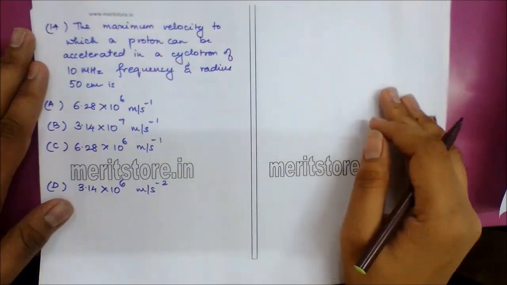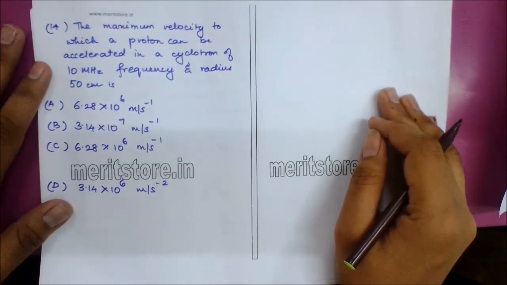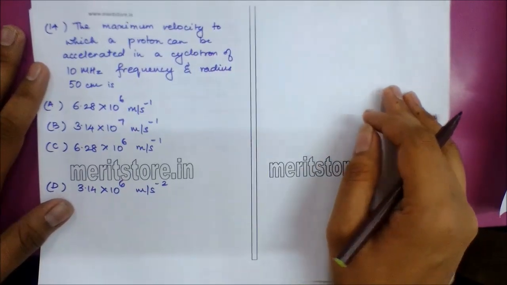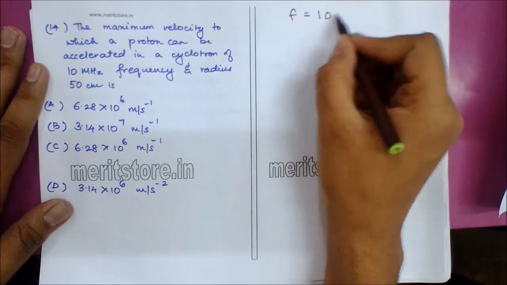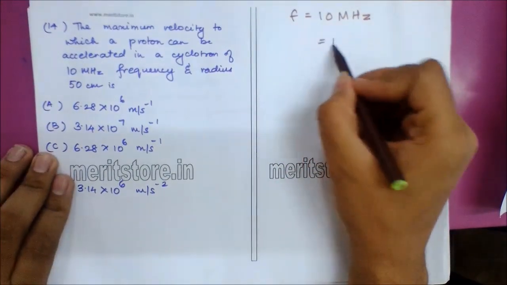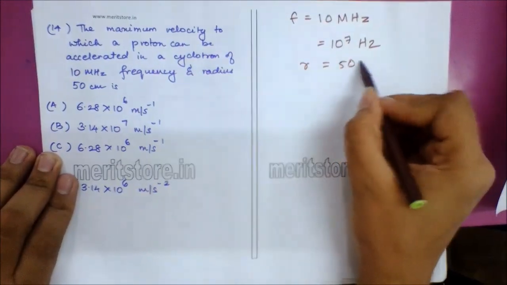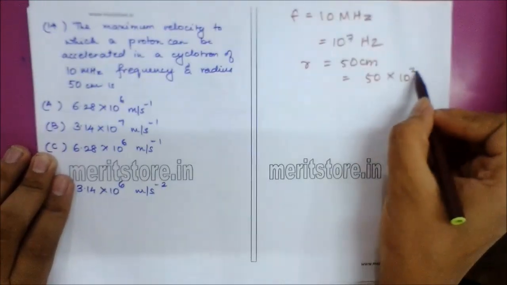Question number 14. The maximum velocity to which a proton can be accelerated in a cyclotron of 10 megahertz frequency and radius 50 centimeter is. So frequency is 10 megahertz, that is 10 raised to 7 hertz. Radius is 50 centimeter, which is 50 into 10 raised to minus 2 meter.